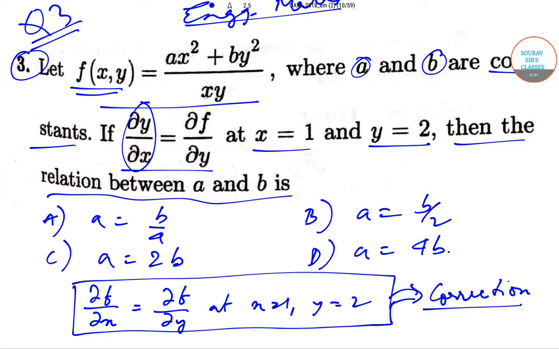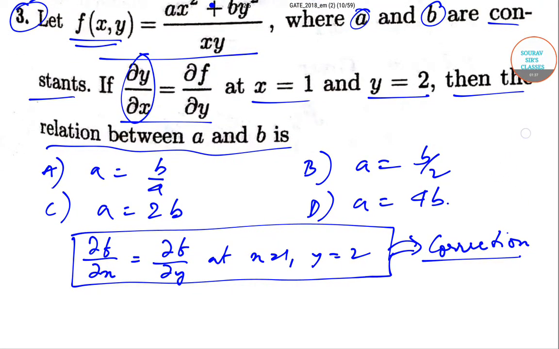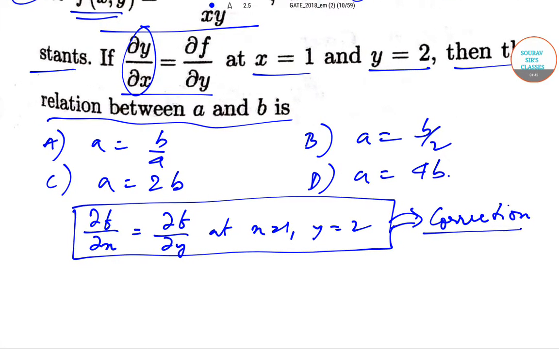Now f of x, y is given as (a x square plus b y square) upon x y. So what we need to do is find del f upon del x and del f by del y for this function. So f of x, y is equal to (a x square plus b y square) upon x y.